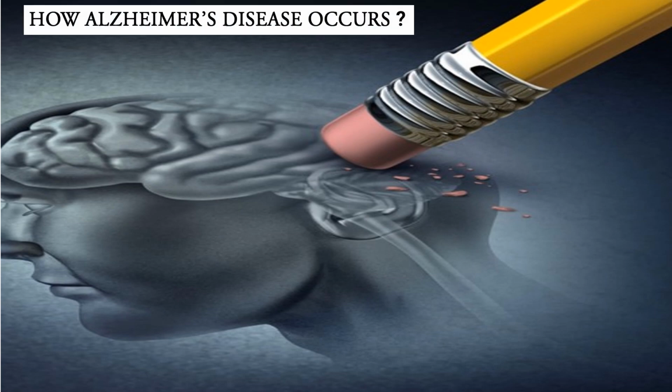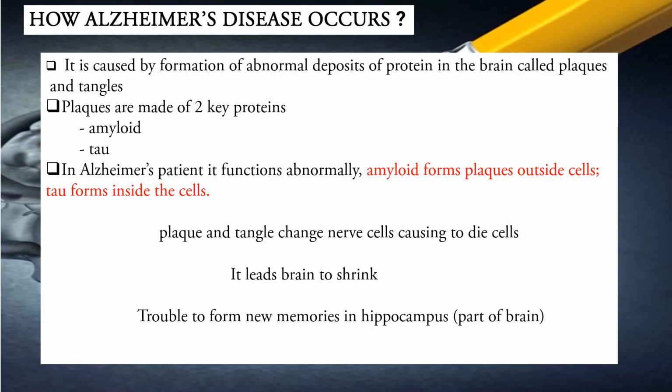And now we are going to see how Alzheimer's disease occurs. It is caused by the formation of abnormal deposits of protein in the brain, which are called plaques and tangles. Plaques are made of two key proteins, amyloid and tau. Amyloid and tau are usually present in normal people, but in Alzheimer's patients they function abnormally.